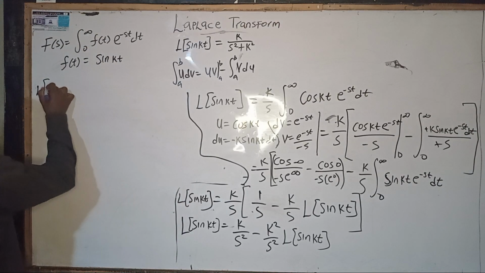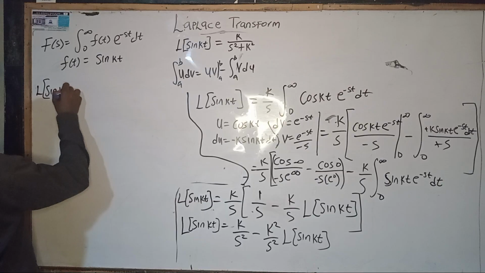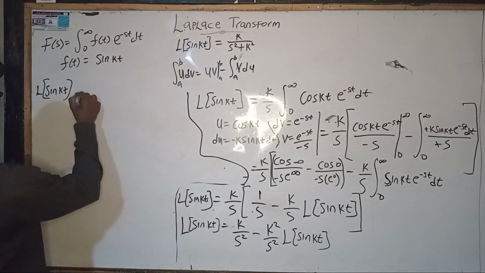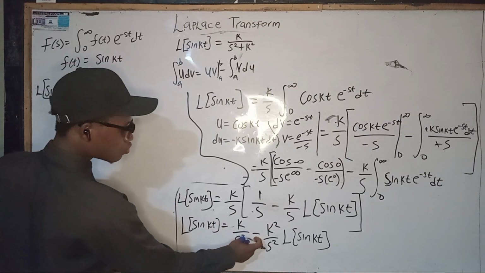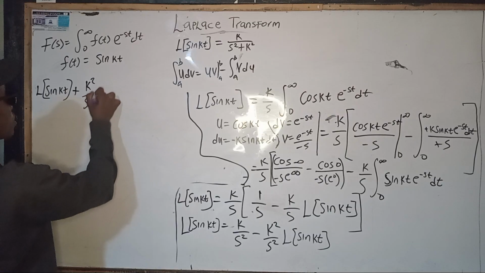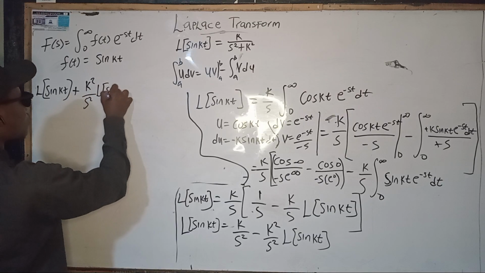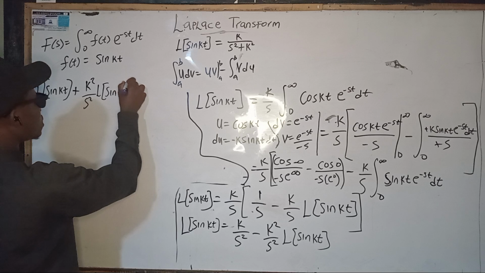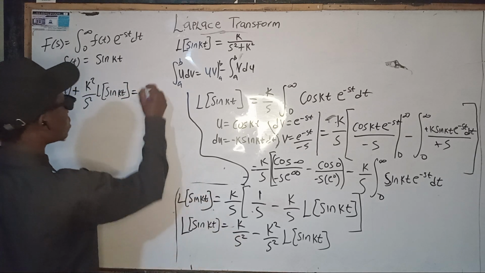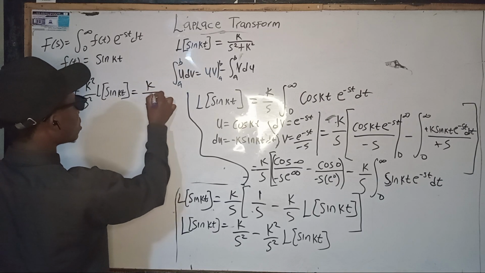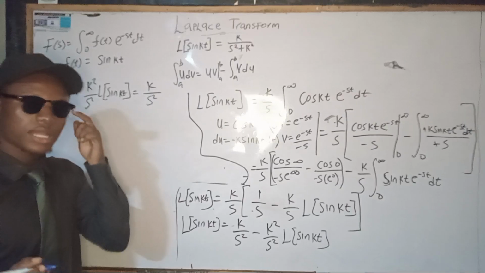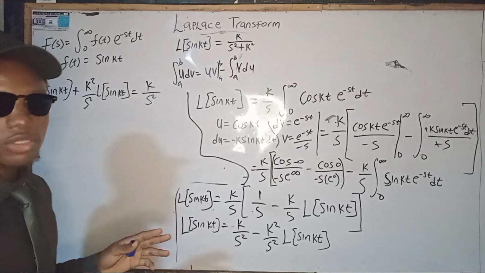So you have Laplace transform of sine kt on this side, then this one here we are bringing it to the other side. We have plus, like this minus will become plus k square over s square Laplace transform of sine kt is equals to, we have this k over s square. So now from there it should be easy for us. We just make Laplace transform of sine kt the subject of the formula.